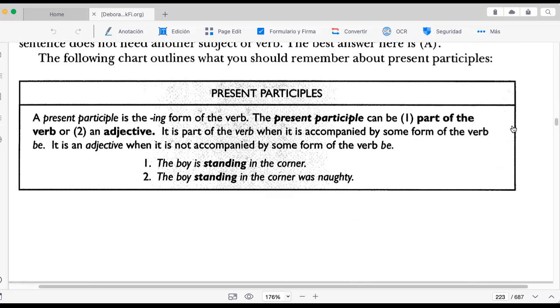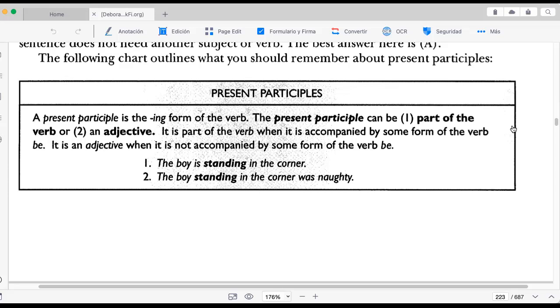We have this statement, present participles. A present participle is the ing form of the verb. The present participle can be, number 1, part of the verb, or number 2, an adjective. It is part of the verb when it is accompanied by some form of the verb be. It is an adjective when it is not accompanied by some form of the verb be.